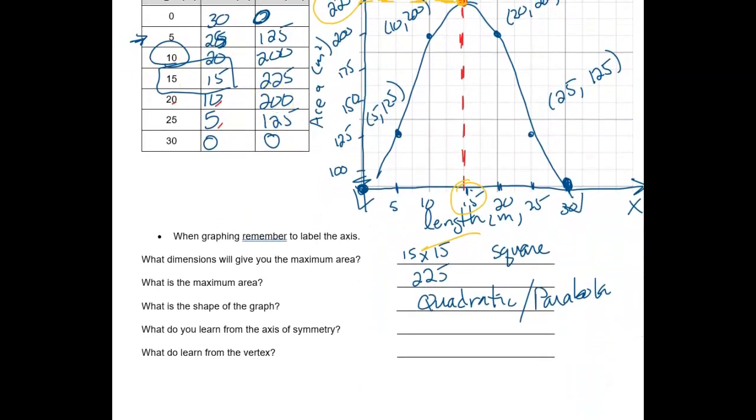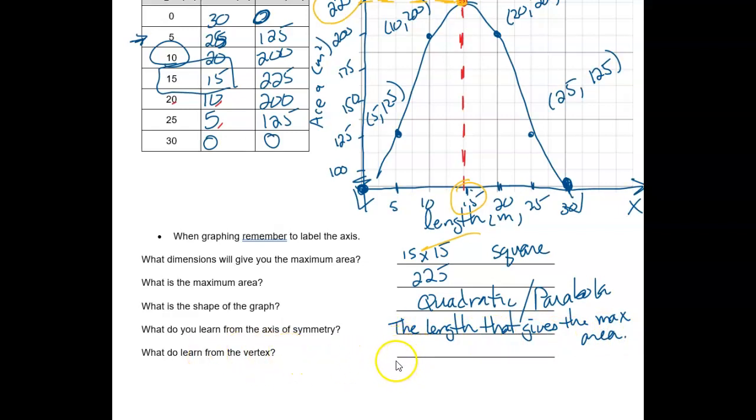So from here, what do you learn from the axis of symmetry? The axis of symmetry will give you the maximum length. Well, I shouldn't say maximum length. Really, it's the length that gives the max area. What do you learn from the vertex?